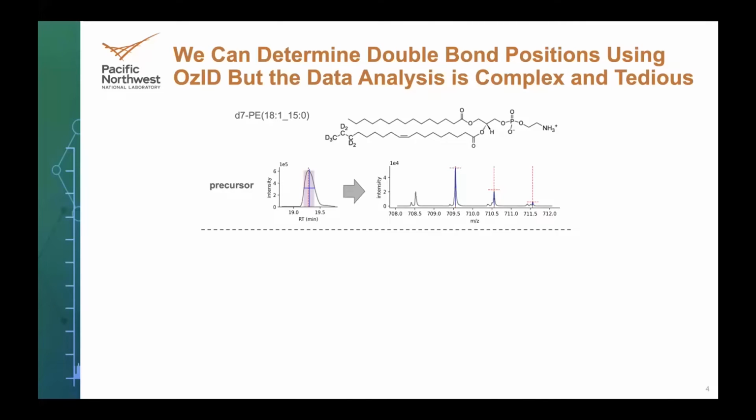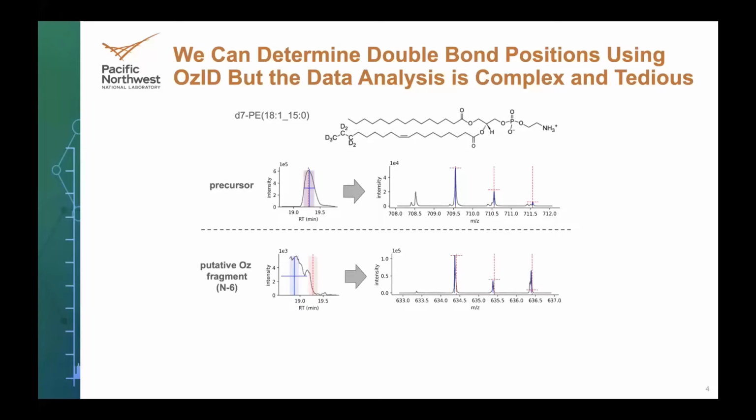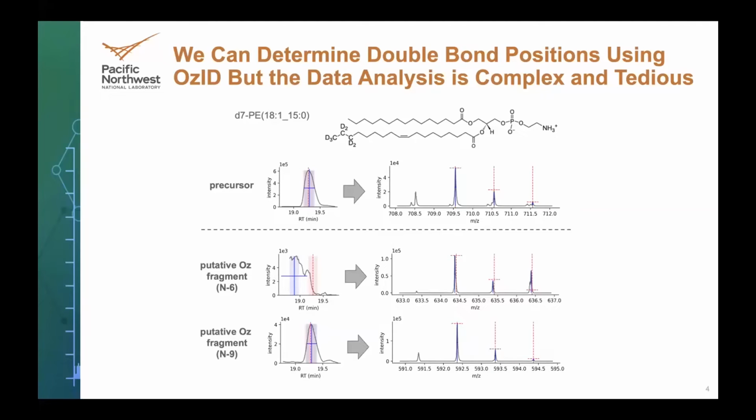The data processing workflow for each of those is similar to what we did with the precursor. Here I've got 2 examples of putative fragments, one corresponding to, let's say, the N-6 position, that's 6 in from the tail, and another corresponding to N-9.